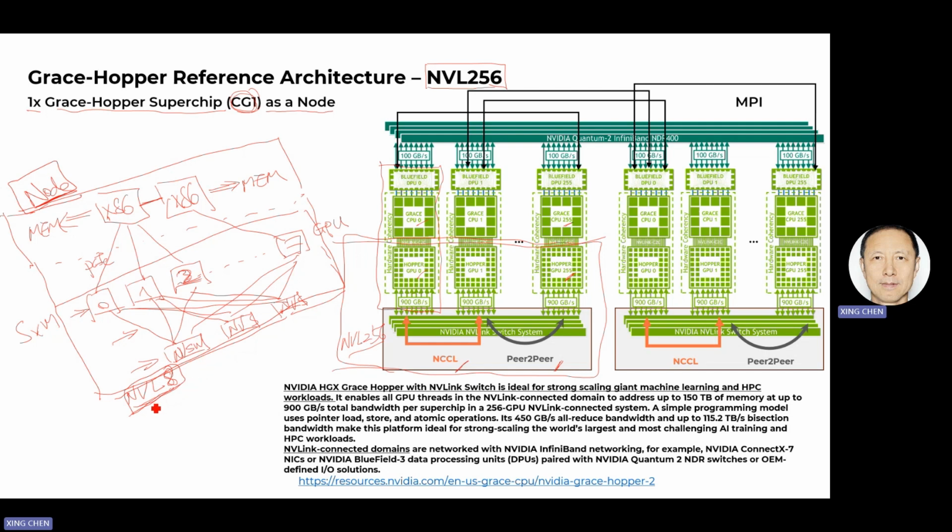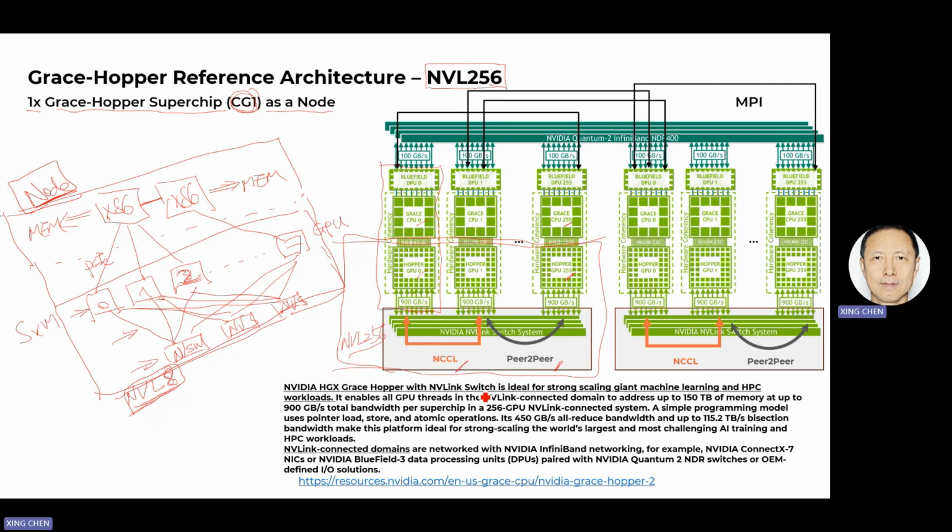That means this NVLink domain has never been connected to more than one node, for example to two nodes or three nodes or four nodes. It has never been done. An NVLink domain can only belong to one node. That's the case up to Grace Hopper.